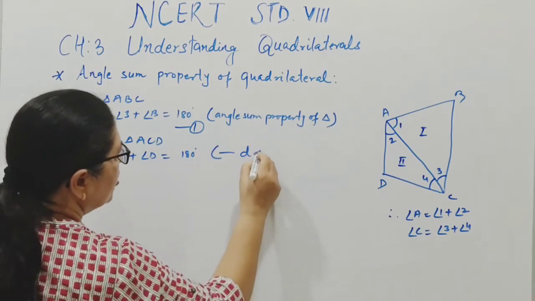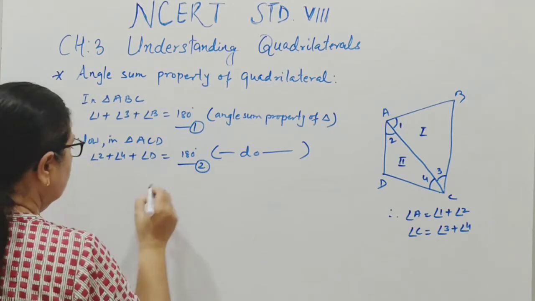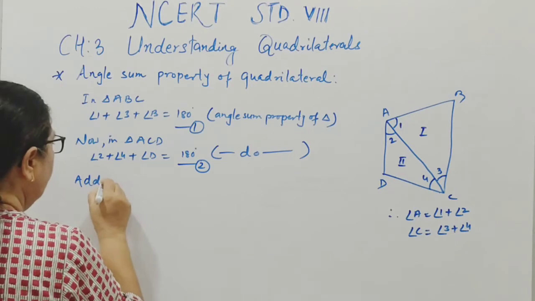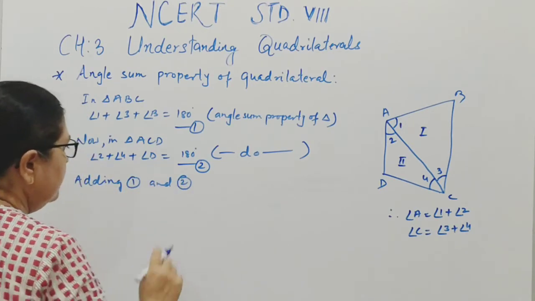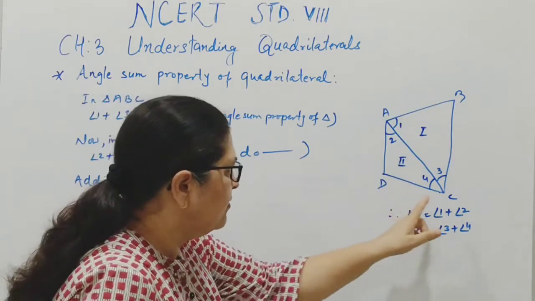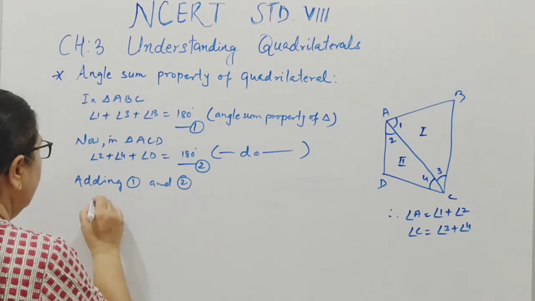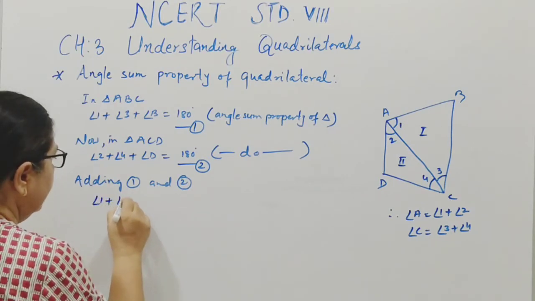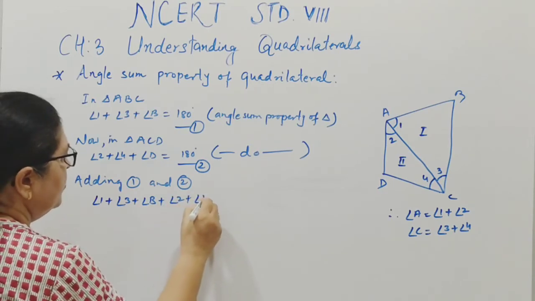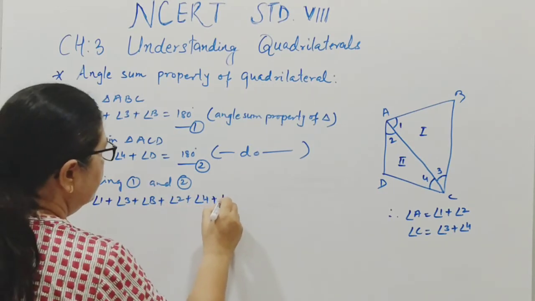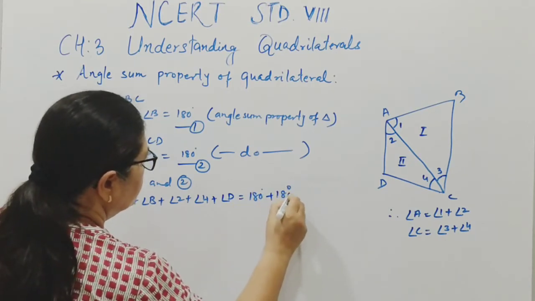Same angle sum property of triangle. Let us name it as 2. Adding 1 and 2. Why we are adding? Because this quadrilateral is made up of these two triangles. So we get angle 1 plus angle 3 plus angle B plus angle 2 plus angle 4 plus angle D is equal to 180 degree plus 180 degree.